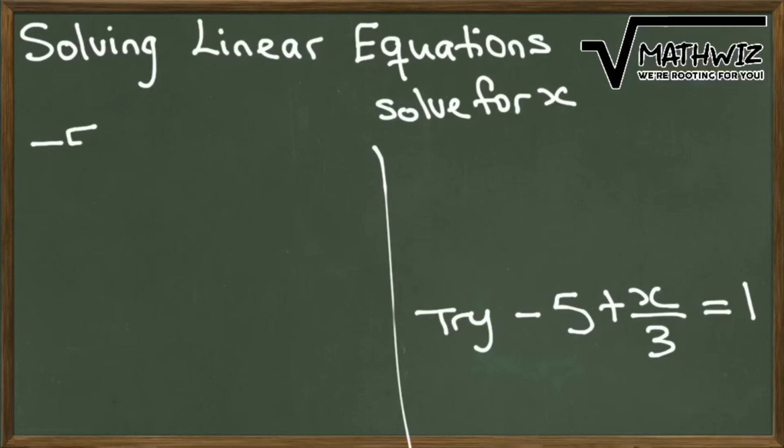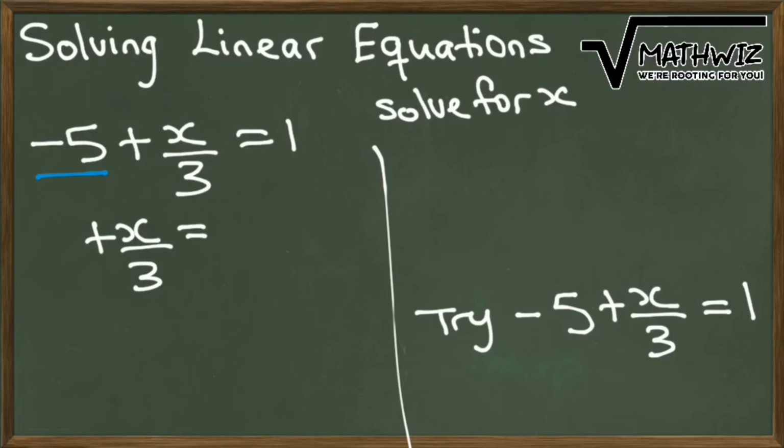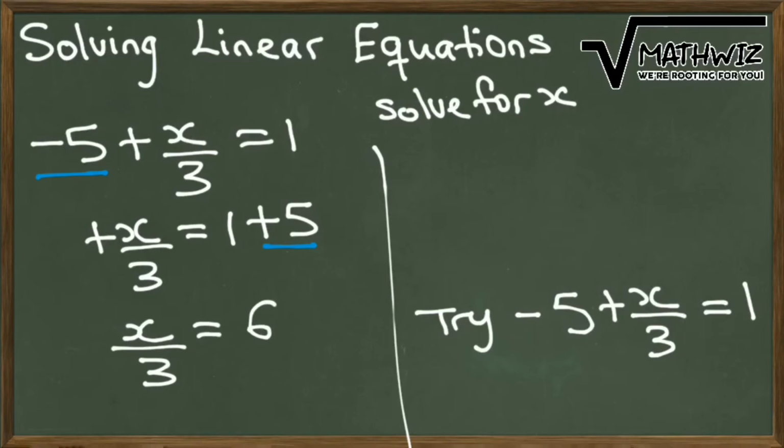So we have -5 plus x over 3 is equal to 1. So the -5, when you take it across, is going to become +5. So x over 3, so 1 plus 5 is going to give us 6.